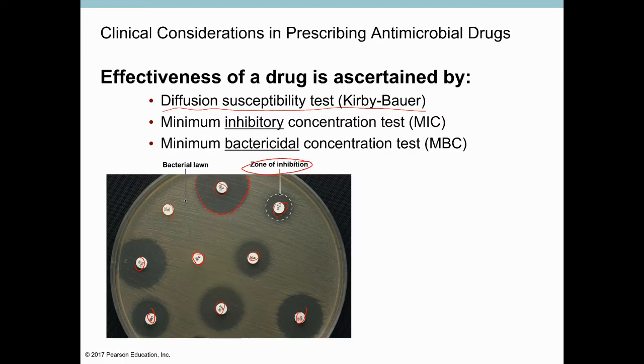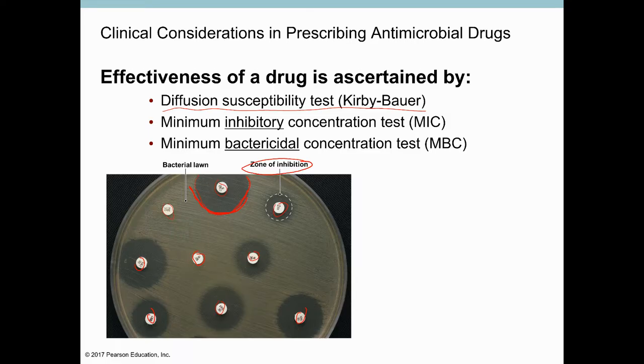We call it the zone of inhibition, where the concentration of the drug is high enough to prevent the growth of that bacterium any closer to the disc. So where that boundary line is represents the point at which the drug becomes at least inhibitory and probably to some extent bactericidal to growth of the cell.